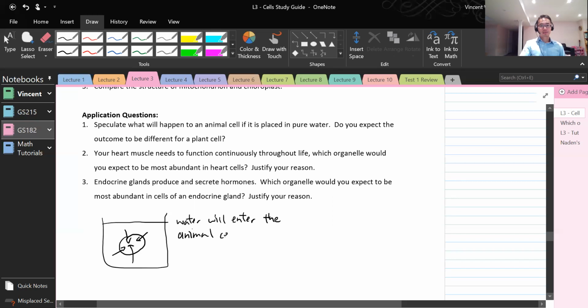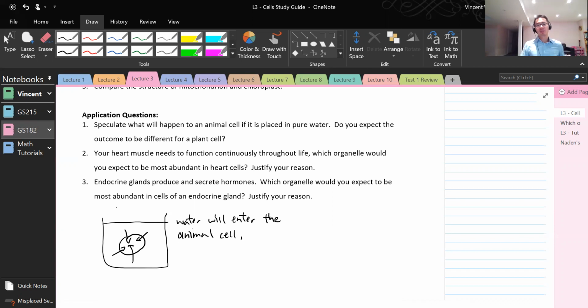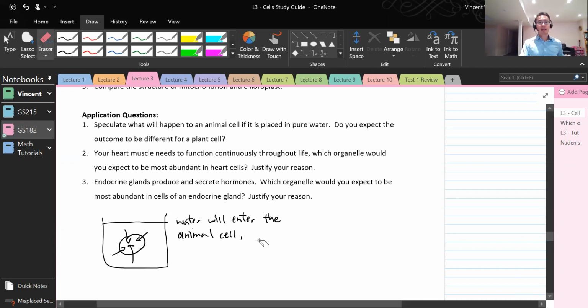The animal cell has a lot of stuff inside, like solutes, a lot of stuff dissolved in the cell, and that tends to draw water from the surroundings. So water will enter the animal cell, causing it to swell and maybe burst.